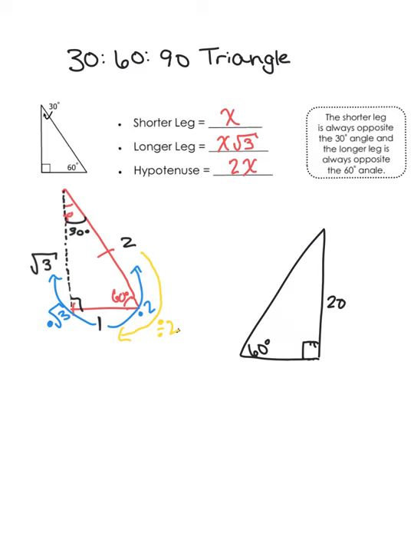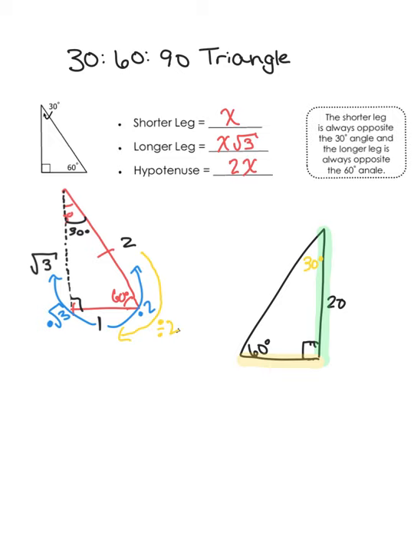Okay, so in this case, I'm being given my long leg. So my long leg is the side across from my 60-degree angle, which in this case is 20. And I always want to find my short leg. My short leg is this leg across from my 30-degree angle. I want to always reference back to my short leg.